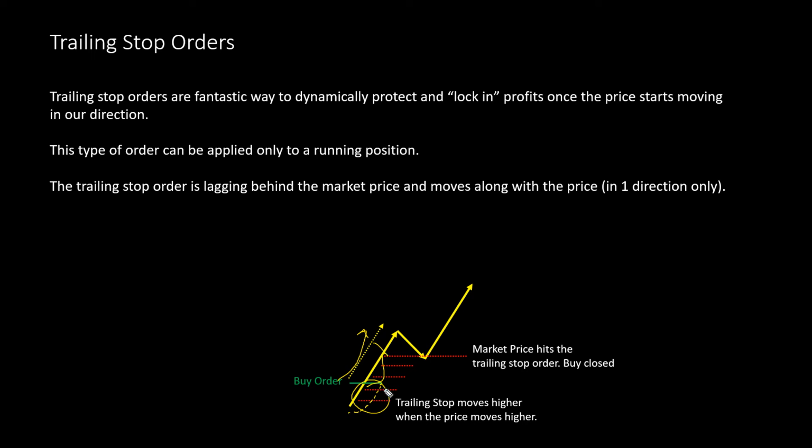So the distance between the price and your stop would always respect the number of points you ask. This allows you that once the market reverses on you, you don't find yourself not protected and you lock in your profit. Very, very good feature from my point of view for traders that love to ride the trend and cannot simply always be there.